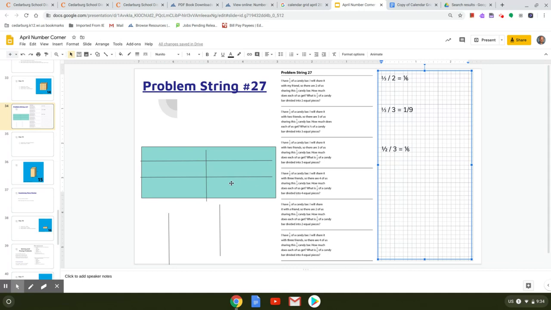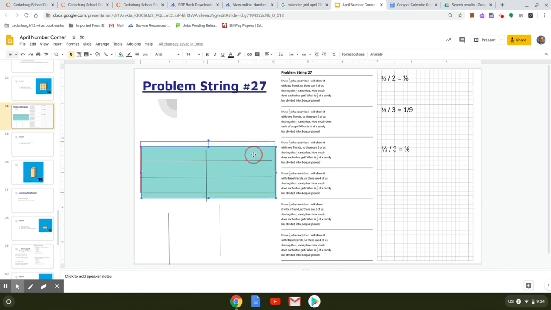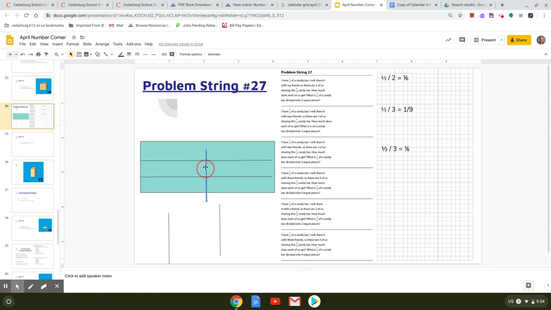All right, so now I still have that same half of a candy bar, but I'm going to share it with three friends. Three friends, man, I hope this candy bar is pretty good. How much does each person get? Well, I think I'm going to have to adjust this a little bit more. There's my half a candy bar. There's this line.